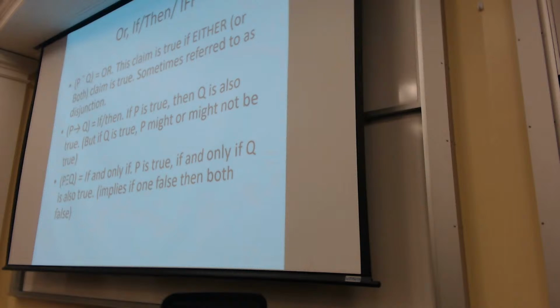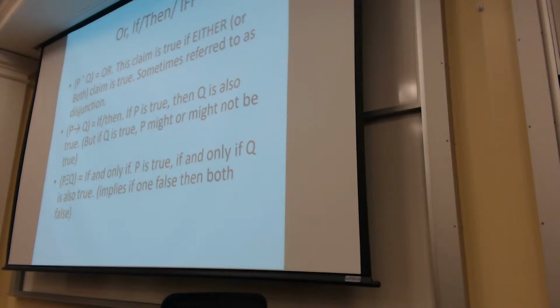Or, while and means what you probably think it means, or doesn't quite mean what you think it means in logic. Or is represented by a wedge or a little v. It is sometimes called a disjunction. The or claims that one or both halves of the or statement is true. This is sometimes called an inclusive or.